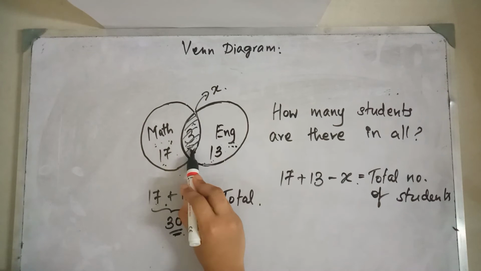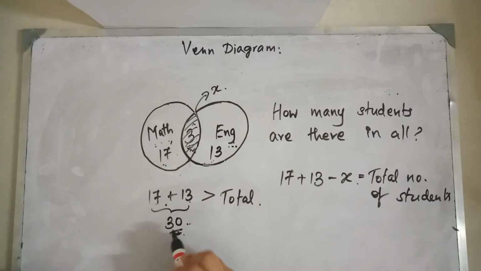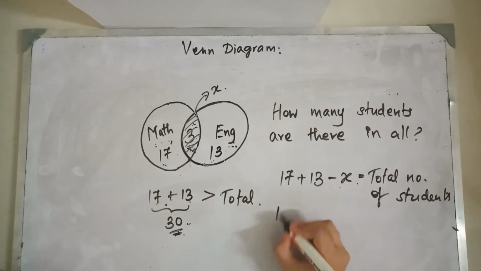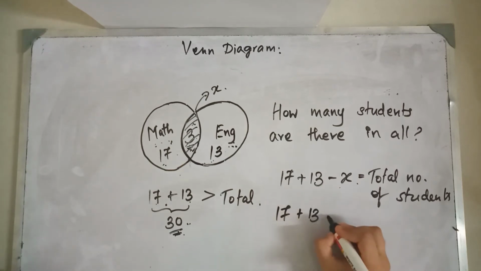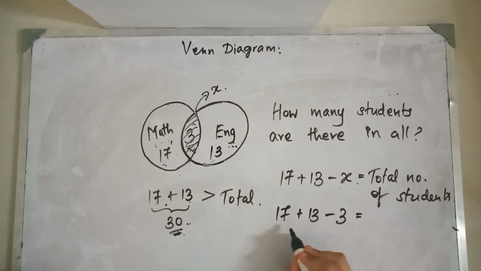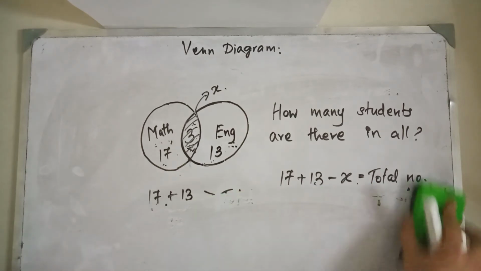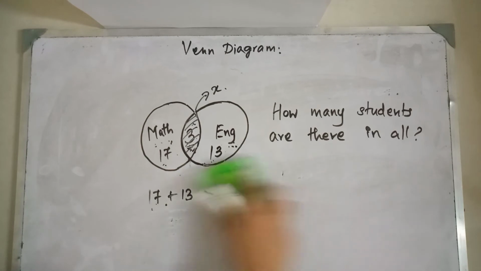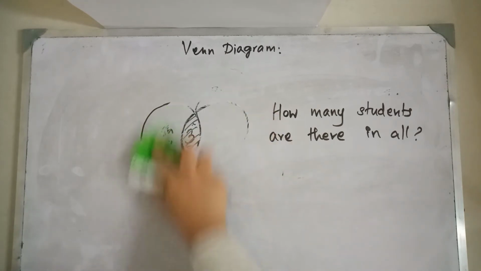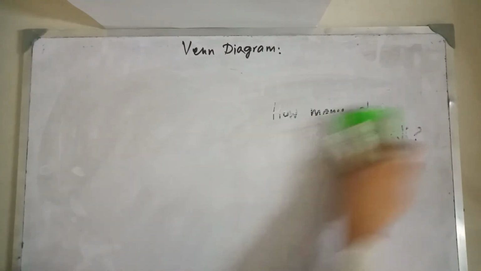We have 2 X's included in this total, and we have to subtract 1 X, which is what we have done here. So X in this case is equal to 3. So we have 30 minus 3, which gives us 27. So there are 27 students in all. Now this is the basic concept of Venn diagram, which you'll have to understand. We have to subtract one overlapping region.